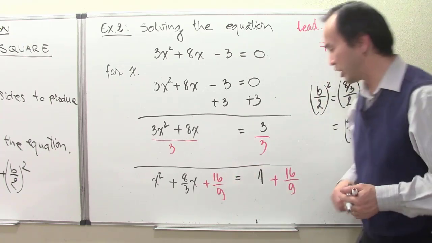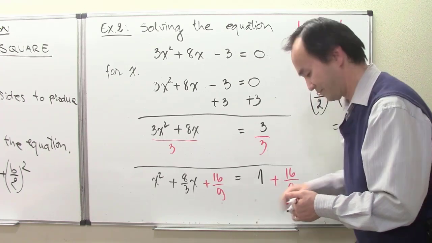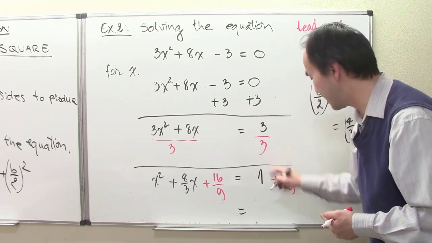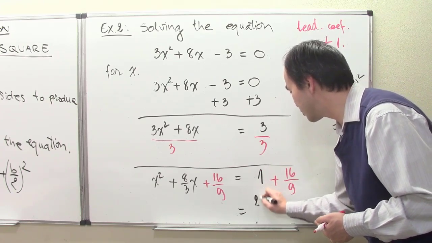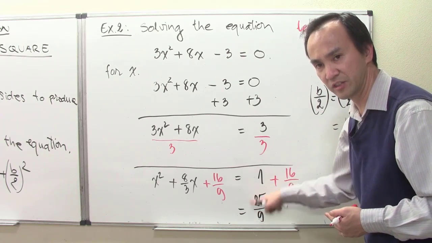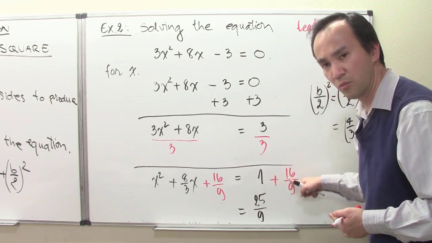So now our equation will be, the right hand side is recognized as 25 over 9. You can easily apply the math by adding 1 with 16 over 9.